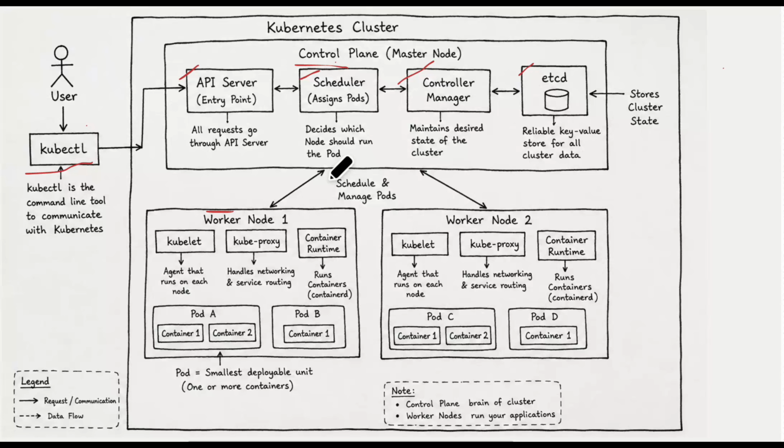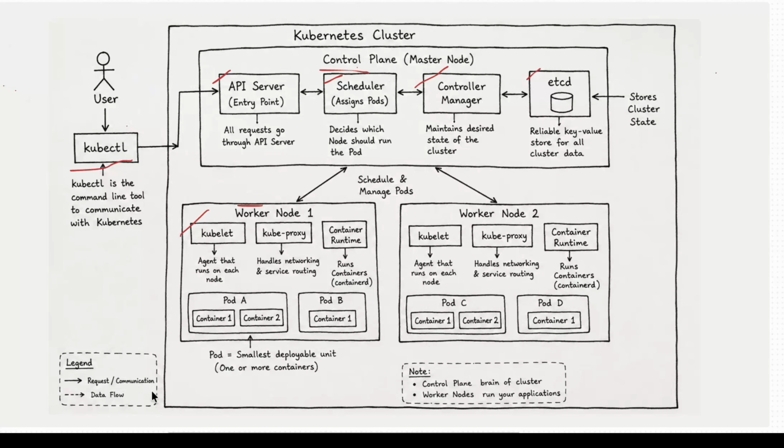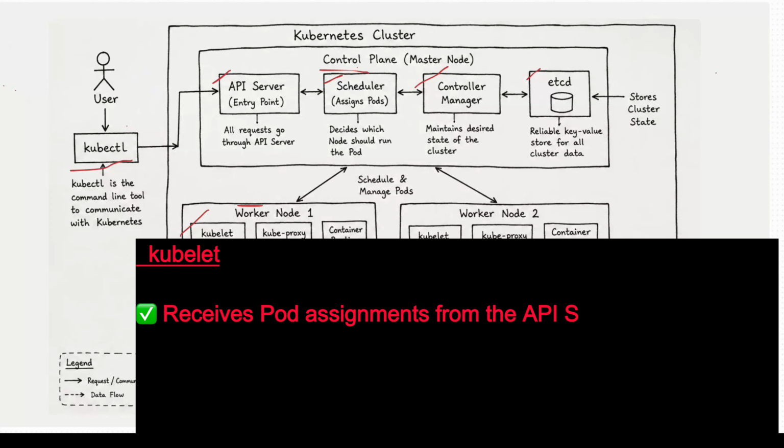Now we move on to the worker node components. Under the worker node, we have three components: kubelet, kube-proxy, and the container runtime. First, kubelet is the manager of a worker node, and it listens to the control plane and makes sure pods are running correctly.